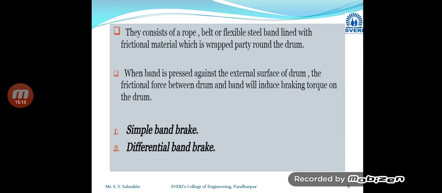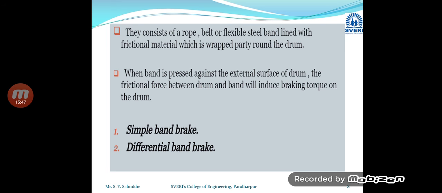Next, we are going to see the band brakes. These band brakes, or rope brakes as they are called, consist of a rope, belt, or a very thin flexible steel band lined with frictional material. That is, frictional material is applied on that band. Leather is also used for creating that band, which is more popular, and it is wrapped partially around the drum.